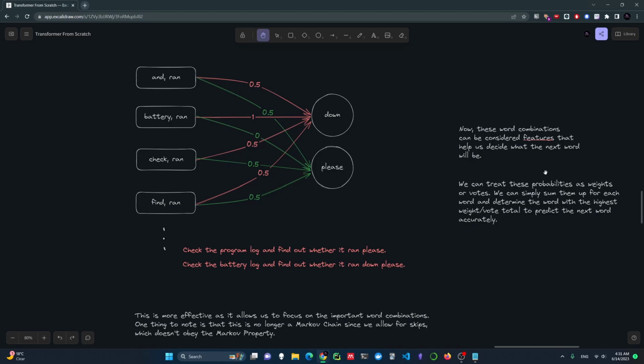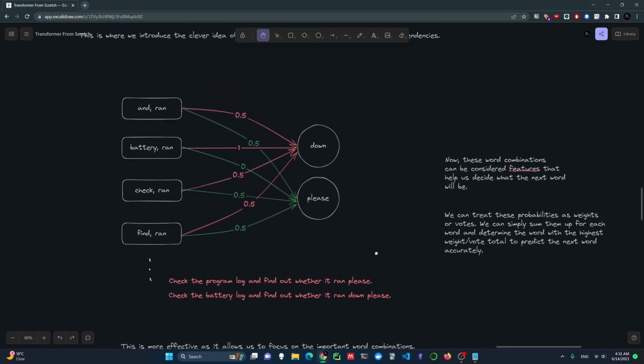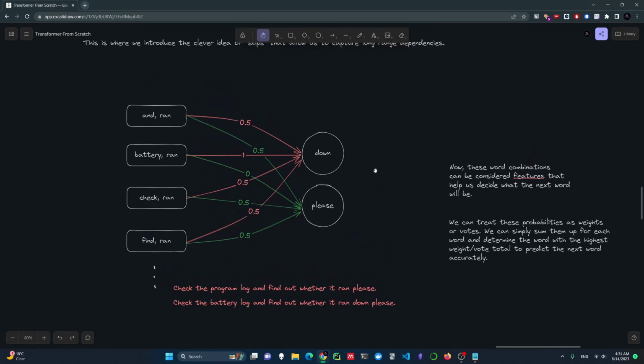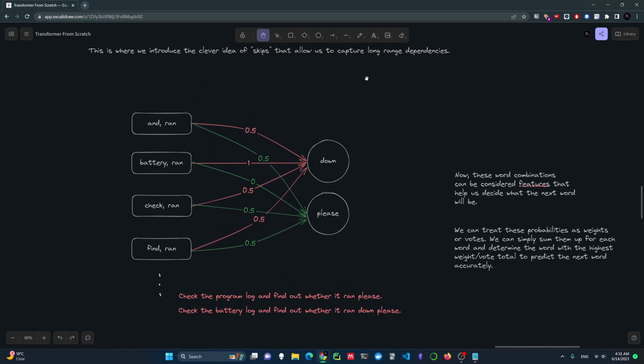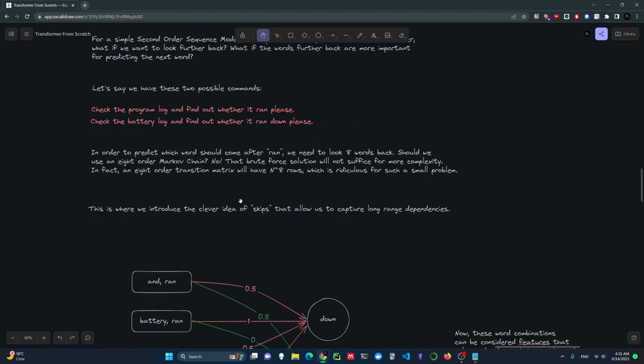And one thing to note is that this is no longer a Markov chain since we allow for skips, right? We skip around, which doesn't obey the Markov property. And as we'll see in future videos, the idea of long-range dependencies is very important for the transformer architecture. And this idea of features is also very important.